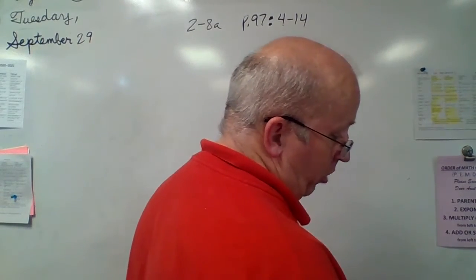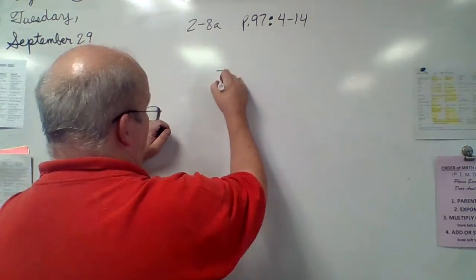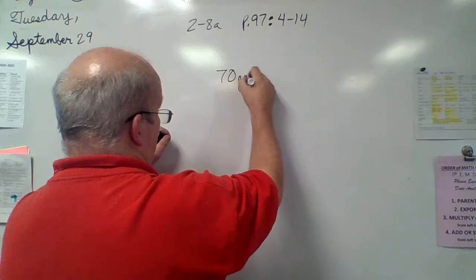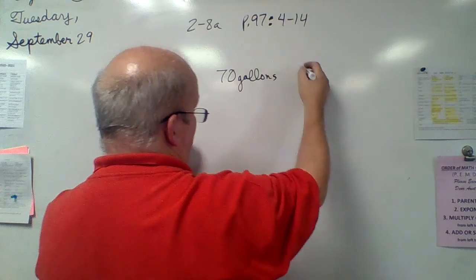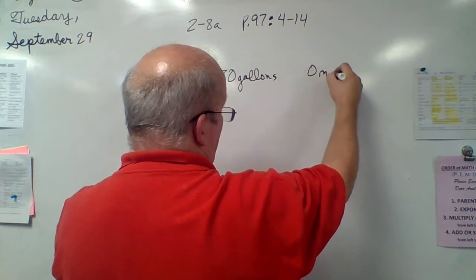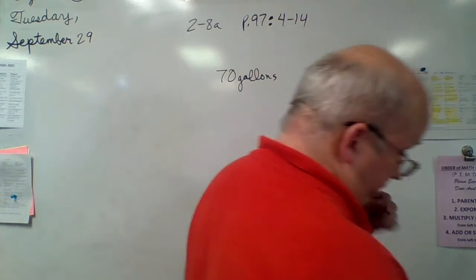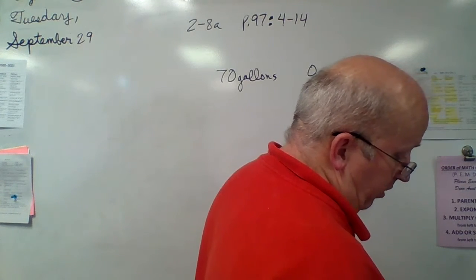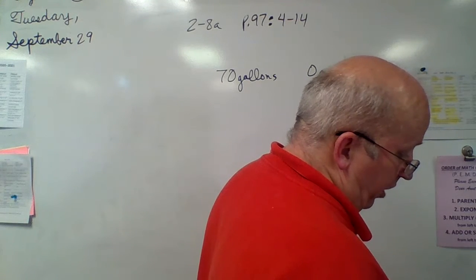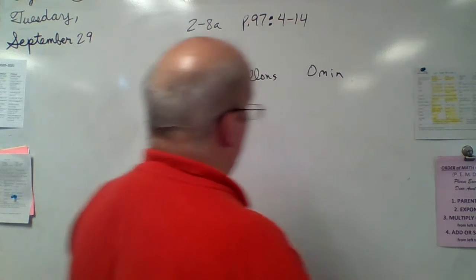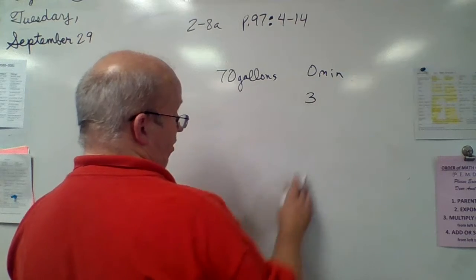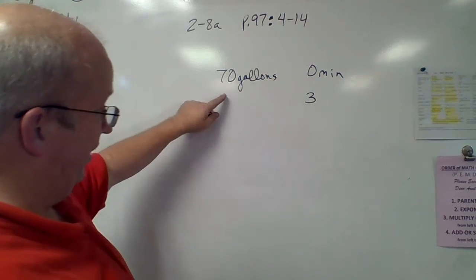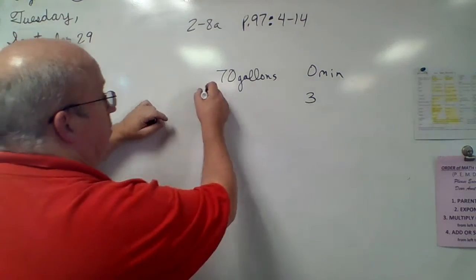From the problem we just read, we know that the tank starts off at 70 gallons. It has 70 gallons at 0 minutes, doesn't it? At the start of this situation. Now, the book says that it's draining or losing 8 gallons every 3 minutes. So 3 minutes later, how many gallons would it have?